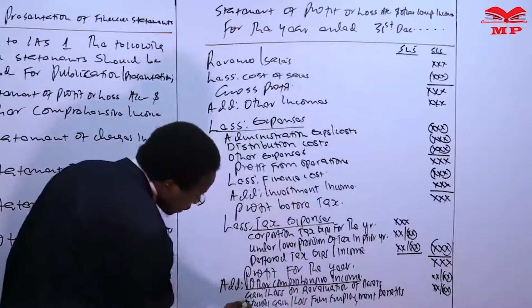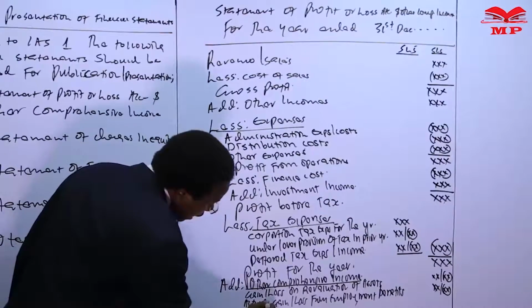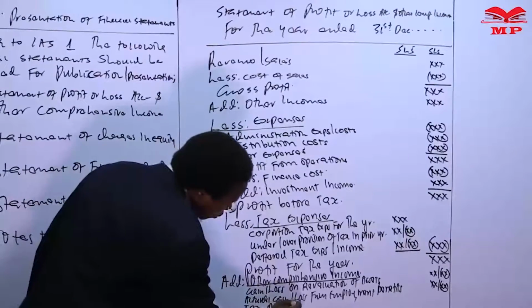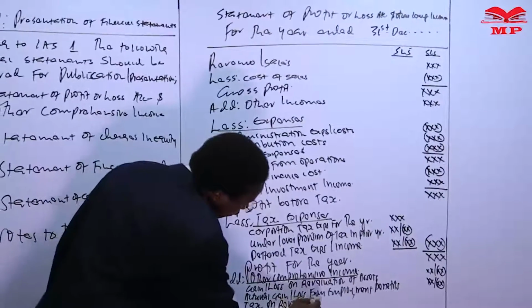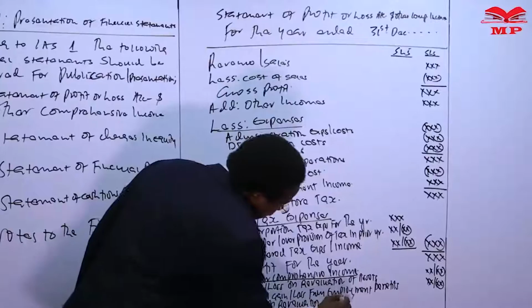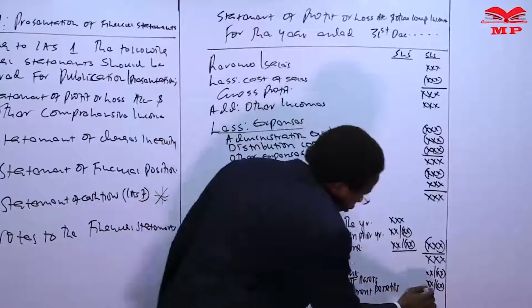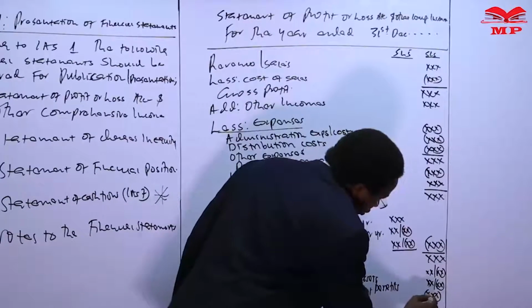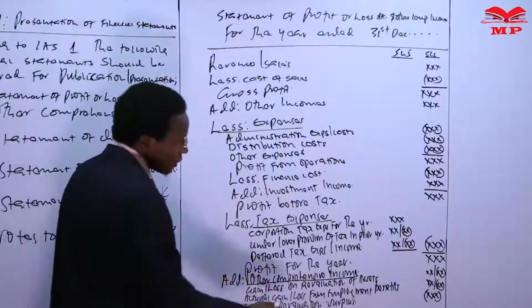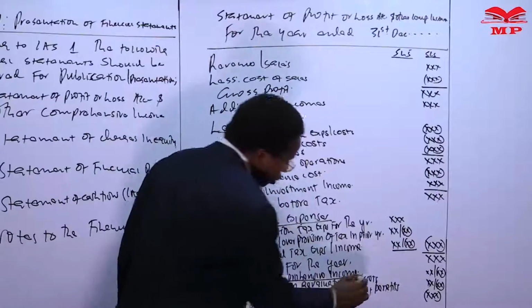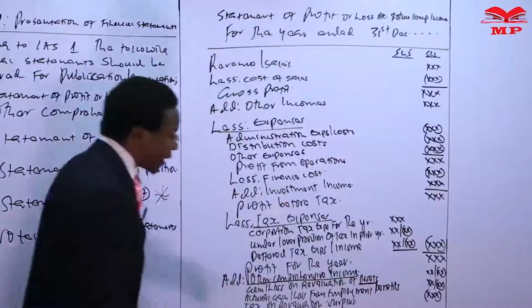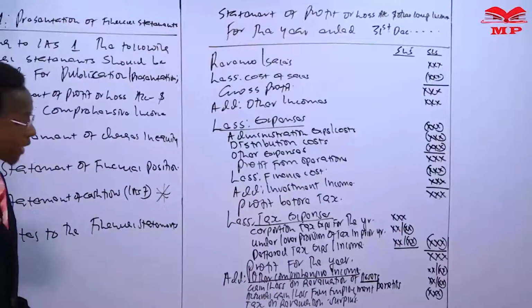We may have the tax on revaluation surplus. You're going to adjust the tax on revaluation surplus. Remember, this one is the non-current assets. You need to remember, these are the revaluation on non-current assets.